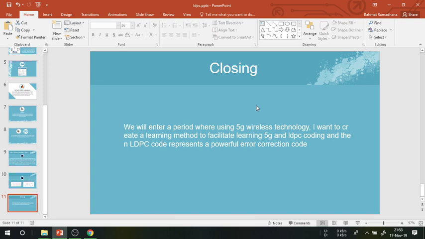And the last is that we will enter a period where 5G wireless technology is used. I wanted to create a learning method to facilitate learning 5G and LDPC coding, and the LDPC code represents a powerful error correction code. This is the last from me.